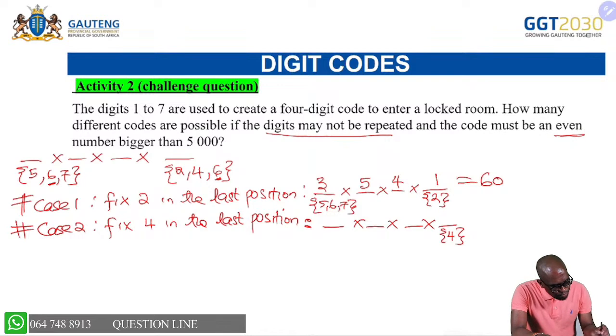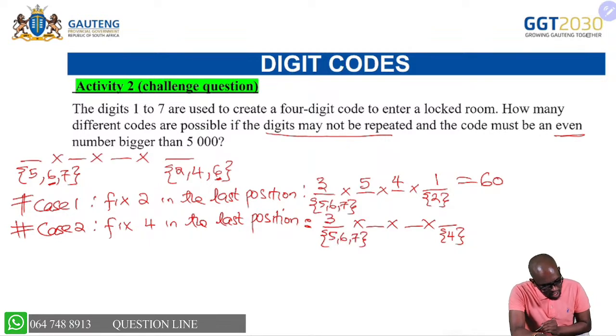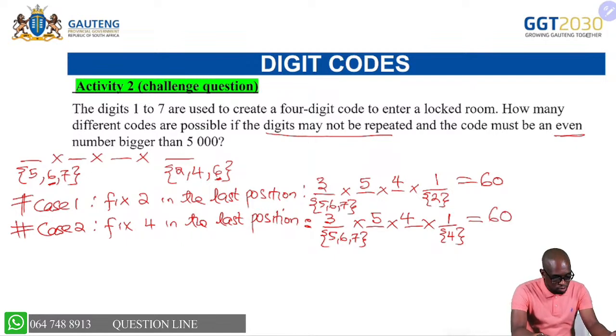And then the numbers in the leading position will be 5, 6, and 7. So I have 3 options of having a number greater than 5,000. And then I'll have 1 option of filling the last position since I have 1, 4. Since I've used 2 numbers, I'll now be left with 5 here, then 4 there. So it's 3 times 5 times 4. That would give me 60 codes.